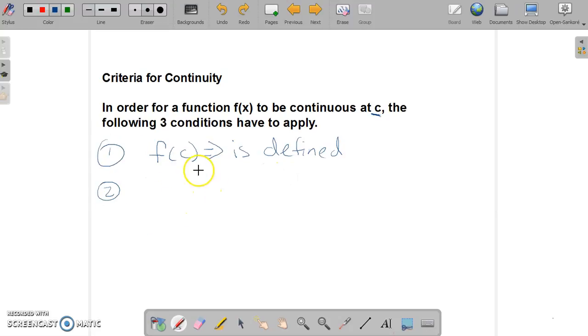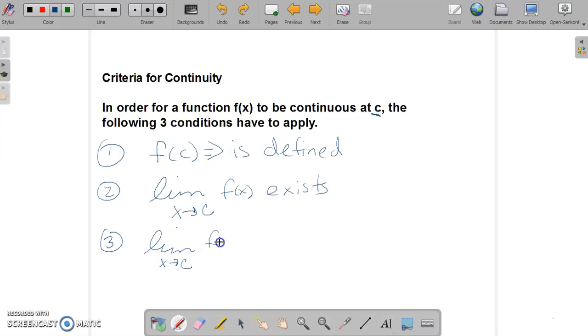The second thing that has to be true is the limit as x approaches c of the function f of x has to exist. That's the second criteria. The third criteria for the function to be continuous at c is the limit as x approaches c of f of x has to equal f of c.